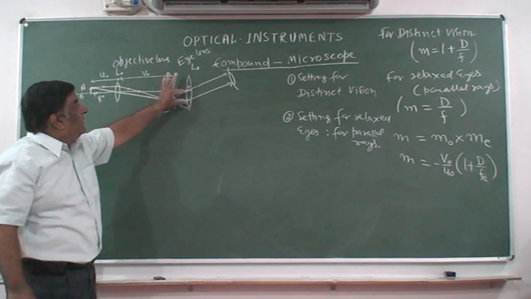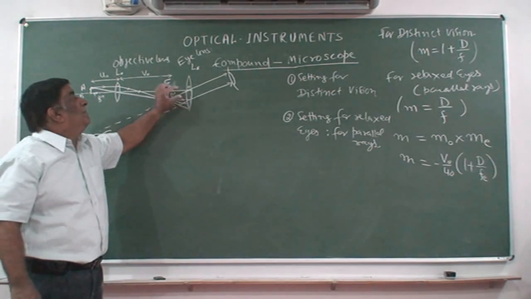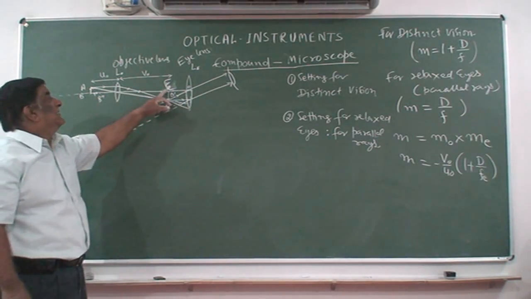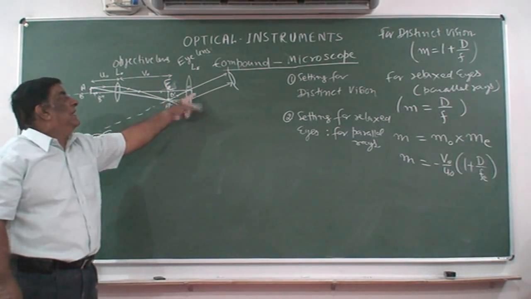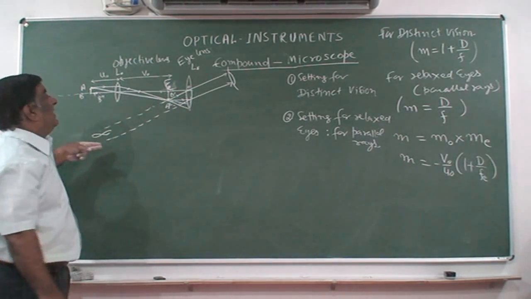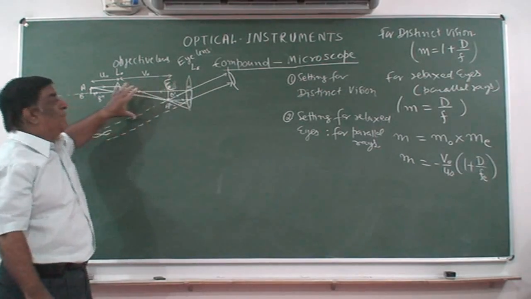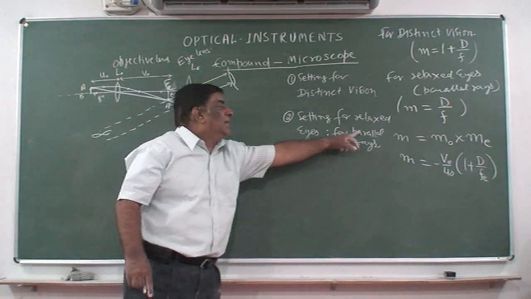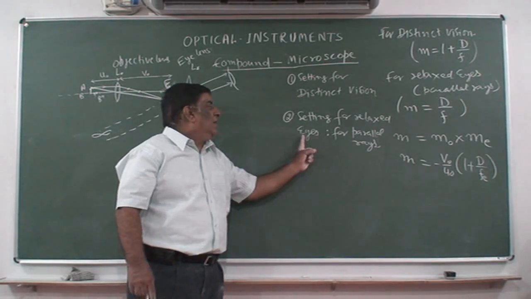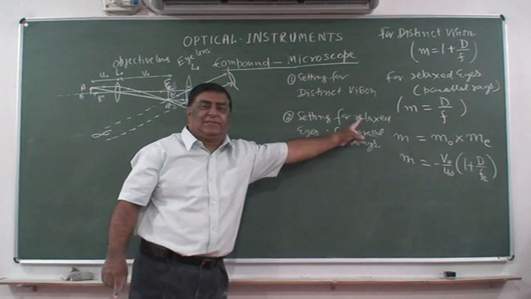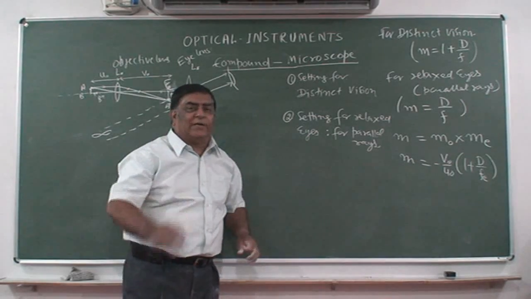Then if the rays are going here, then they will become parallel because object is at the focus. We all have learned it. Object at the focus, the rays will become parallel, image will be at infinity. And this setting of microscope, this is for parallel rays. Why should we do this setting? When we do this setting, how do our eyes remain? Relaxed. So we can work for longer time.